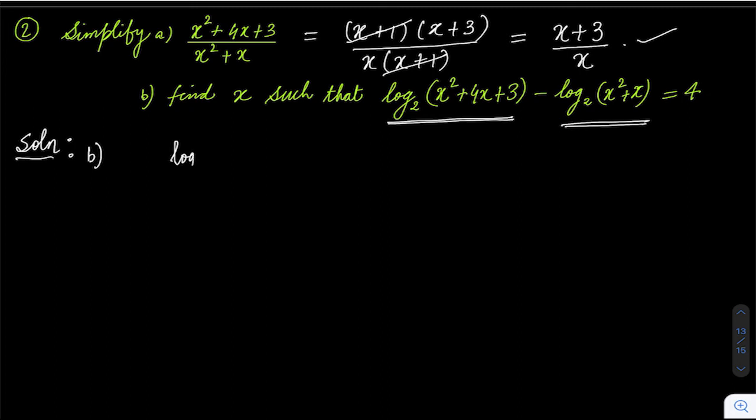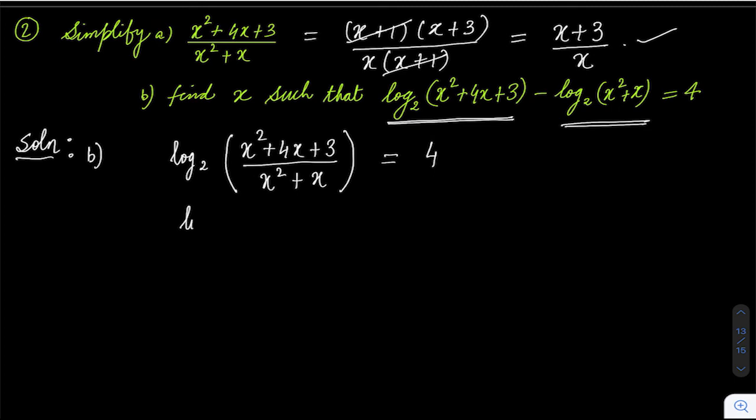So I can write this directly as log of x square plus 4x plus 3 divided by x square plus x, because the base is the same. Otherwise you can't do this. Just remember this. You can only apply these laws when the bases are the same. Okay, equals 4. And we have already simplified this. This is nothing but log of x plus 3 over x equals 4.